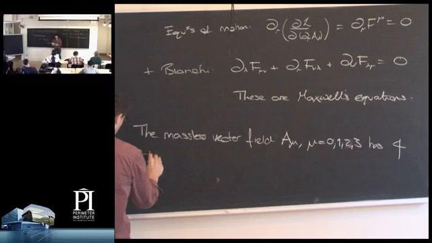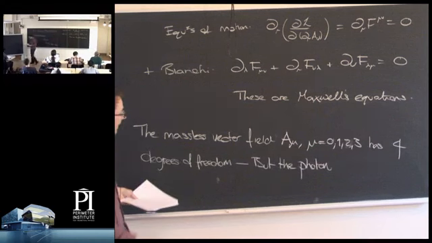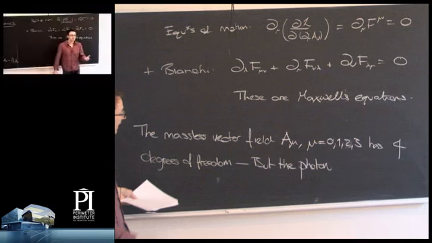Yeah? OK. Good. So what we want to do is quantize this Lagrangian. And we're just going to do the same steps that we've been doing over and over again for scalar fields and for spinor fields. But there's going to be a problem.